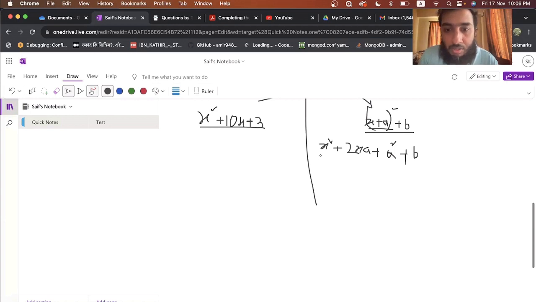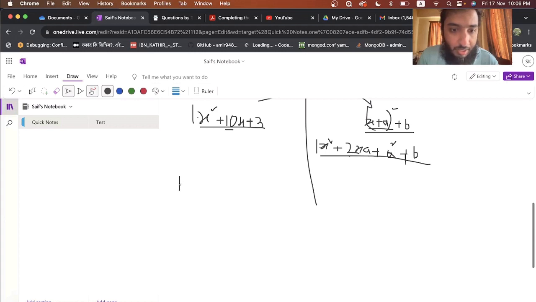If I try to equate these two expressions, the x square has a coefficient of 1, and the x has a coefficient of 10 here and twice a here. So I can equate the two terms of x of the two expressions.